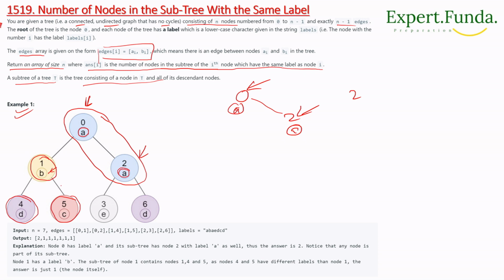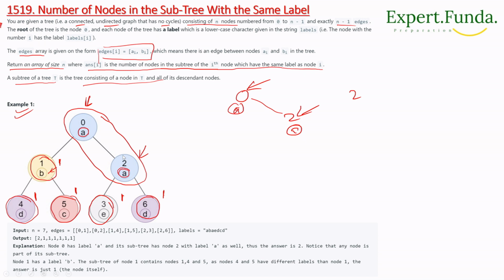We don't have the same label, so we treat it as its own count of 1, a separate one. Similarly for this one and this one, we can say their labels are different because they are not matching. But if we talk about node 0 and node 2, they match their labels.